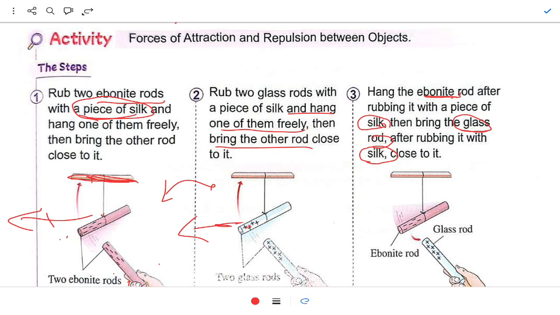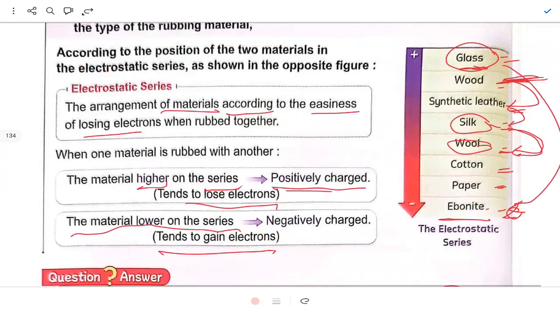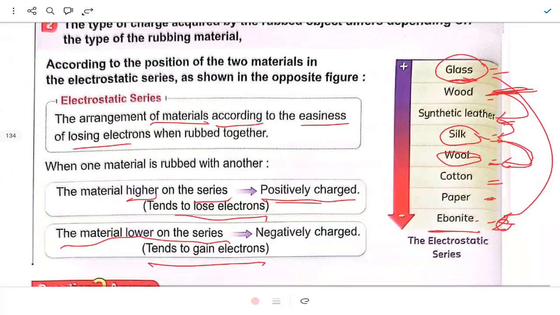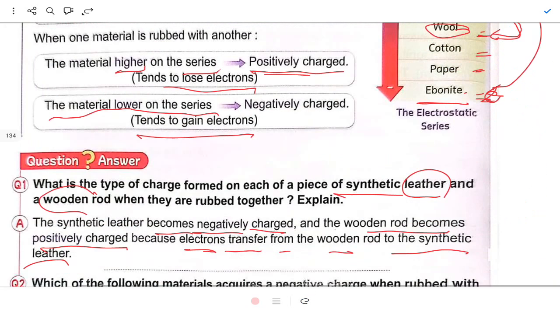What will happen? The ebonite rod will be negatively charged, the glass rod will be positively charged according to the electrostatic series. Here the glass and here the ebonite.